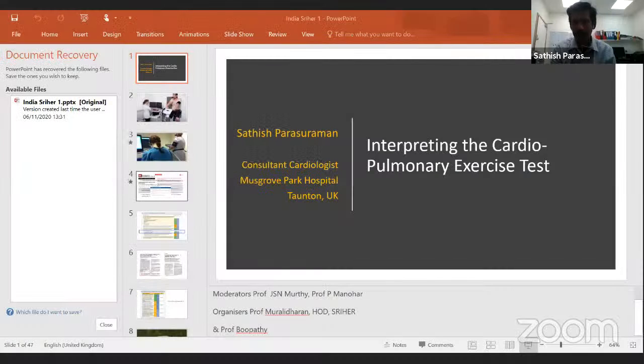Sir, on the right corner, just beside the video button, there is a share content option, the green colored one. Share screen, yes. Okay, thank you very much. I appreciate that.